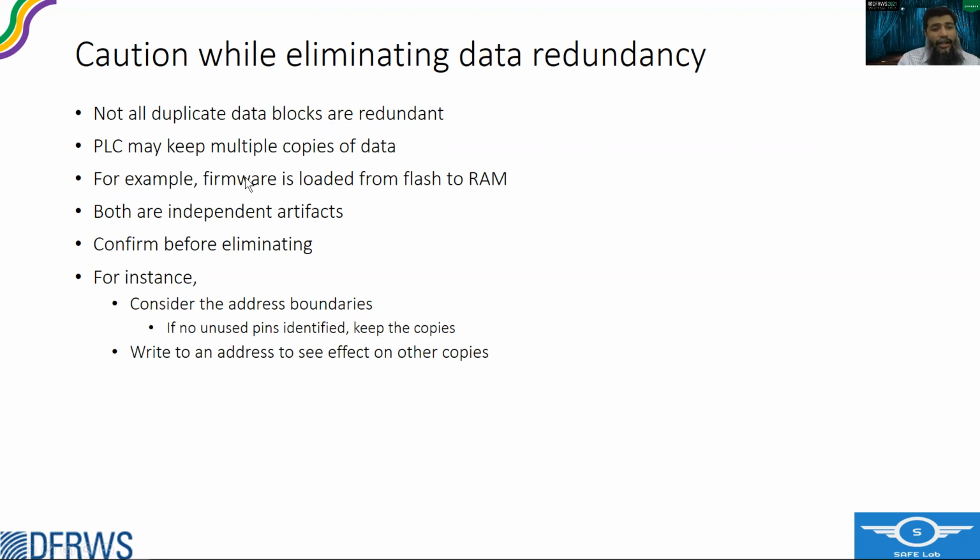So if we just see that both are the same, pointing to the same memory, and ignore one, that won't be correct. What we should do is employ some kind of logic like address boundaries. If no unused pins are identified, then we have to keep the copies. Another approach is to write to an address and see the effect on other copies.